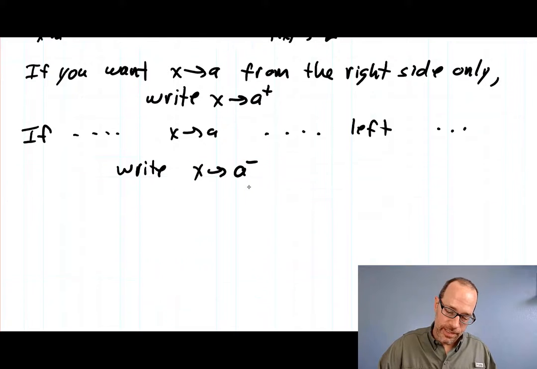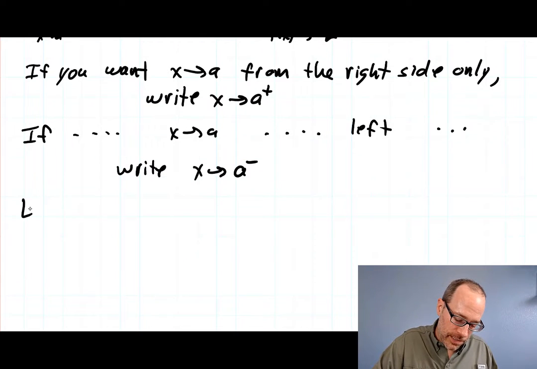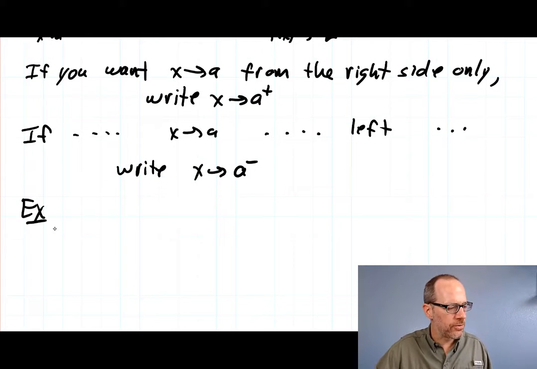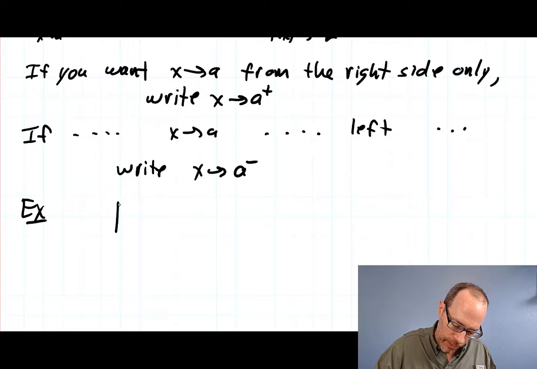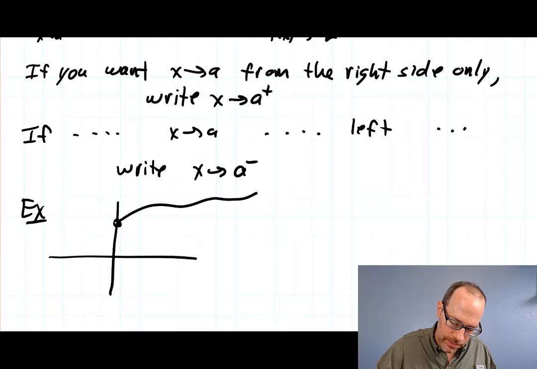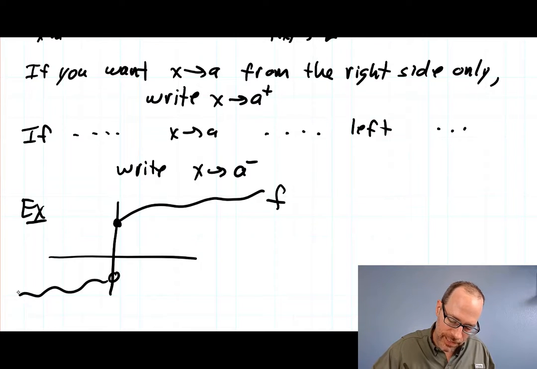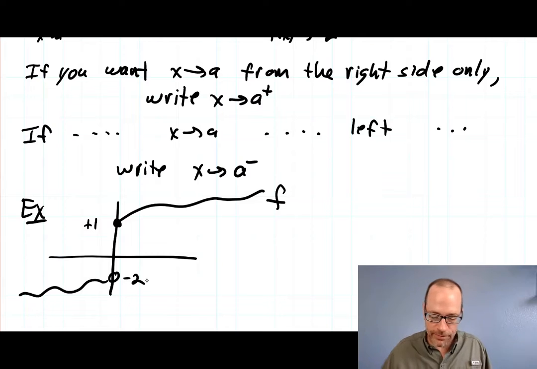Okay, they're called one-sided limits, and you can do this with a picture example really well. So suppose f looks like this on this side, but over here it looks like this. Say this is the number 1, this is the number -2, whatever.